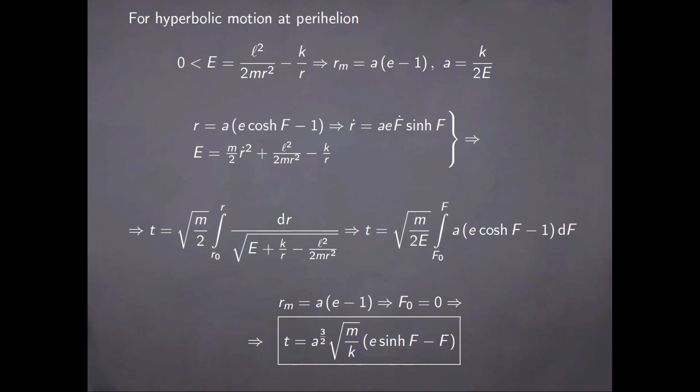In any case, we can define the radius through the expression here, where the role of the eccentric anomaly is played by the quantity f.